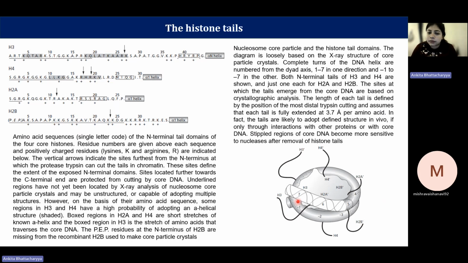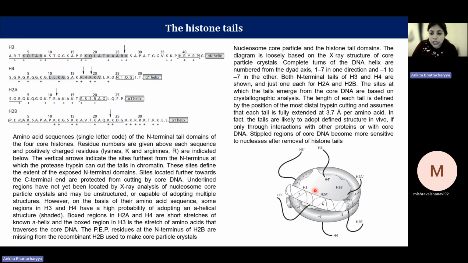And the tails of both are shown, and just one for H2A and H2B have been shown here. So these are the H2B and H2A tails that have been shown, and for H3 and H4 both have been shown. The sites at which the tails emerge from the core DNA are based on crystallographic analysis.